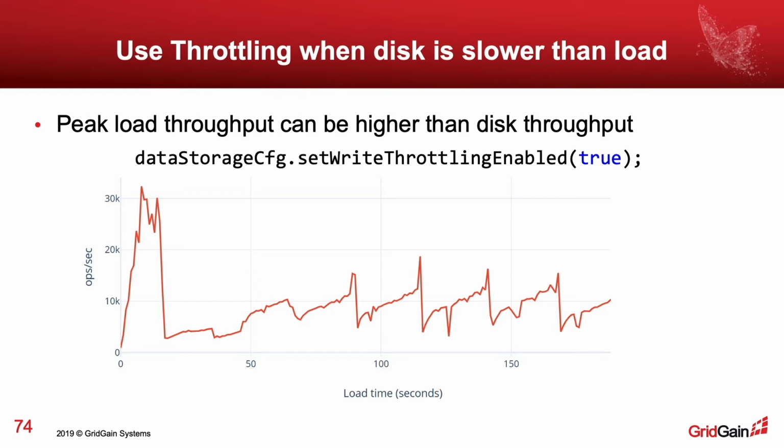So when this mode is switched on, your peak throughput will be high at the beginning, and then when the disk load starts and throttling is enabled, your overall throughput won't be as high, but you certainly won't see any drops to zero.